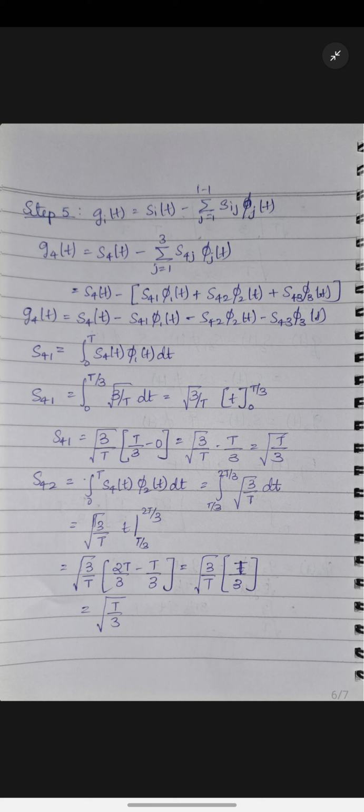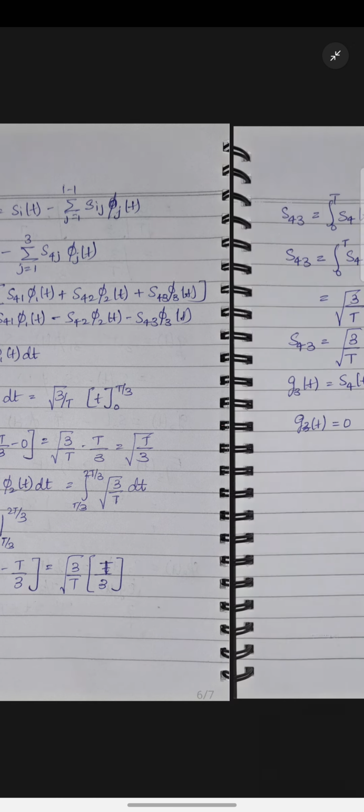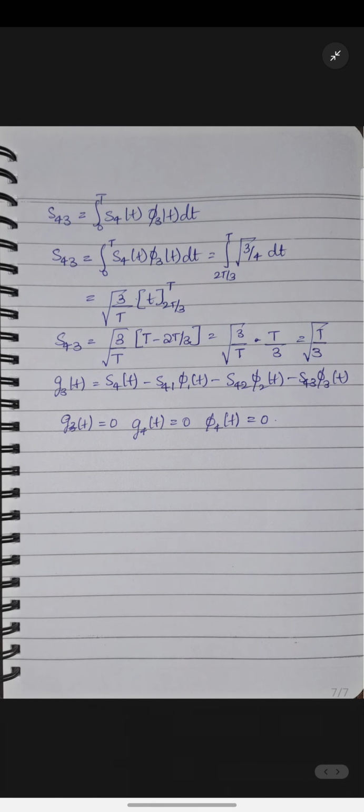Now if we have to find s42 of t, substitute the value of s4 of t and phi 2 of t that we have got before. For the limits t by 3 to 2t by 3, we get the answer as root of t by 3 for s42. For s43, again we'll substitute s4 of t and phi 3 of t.